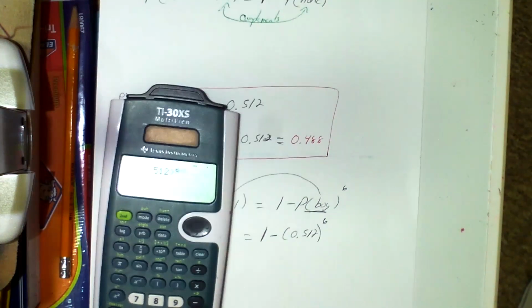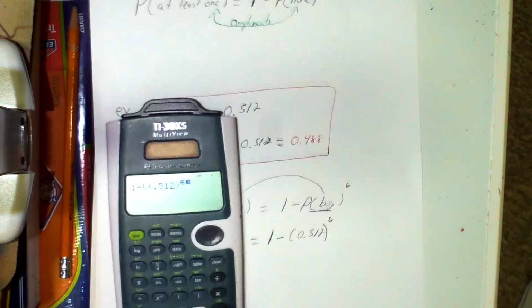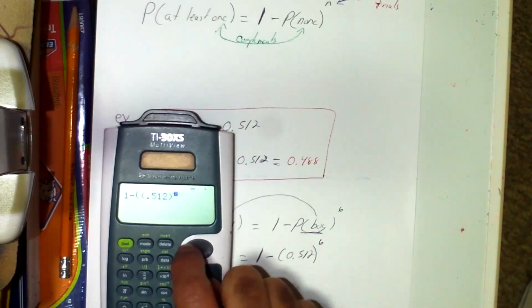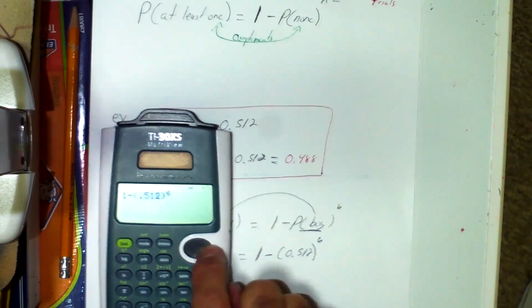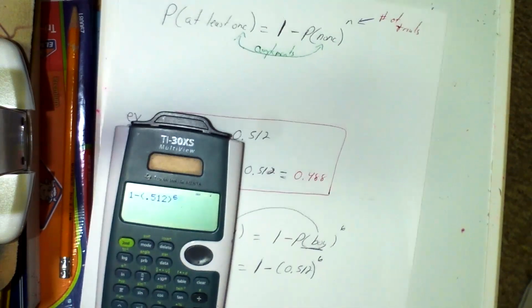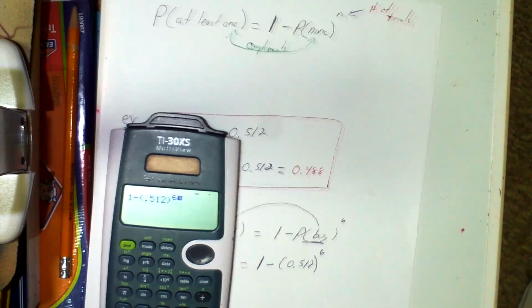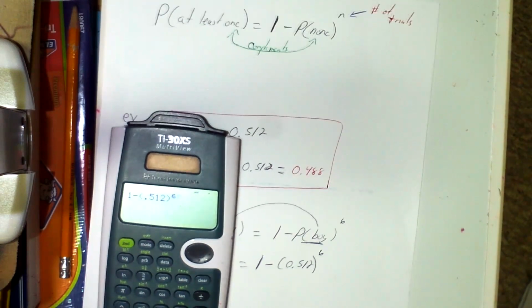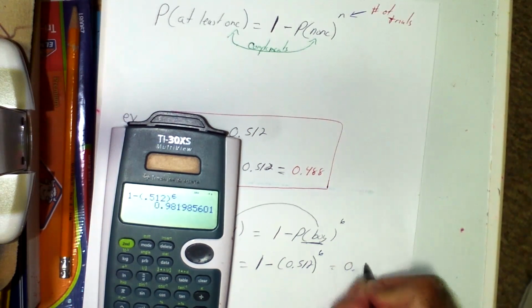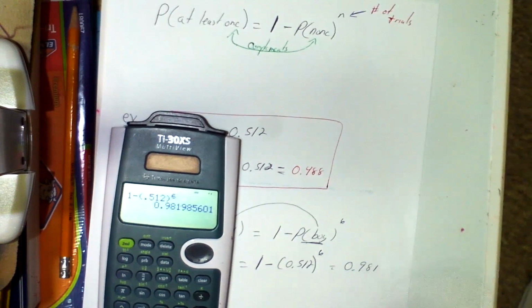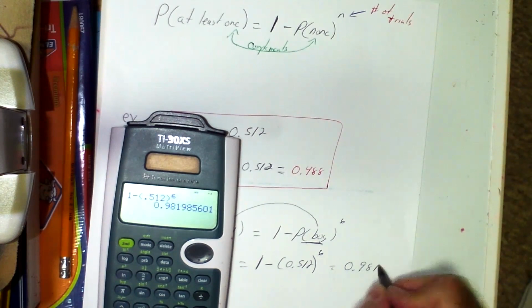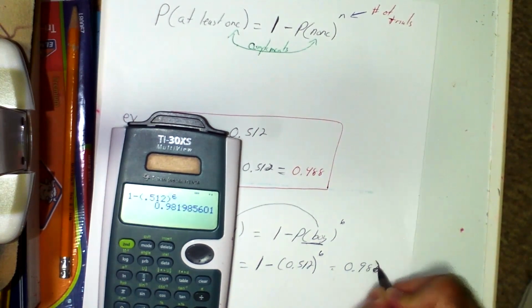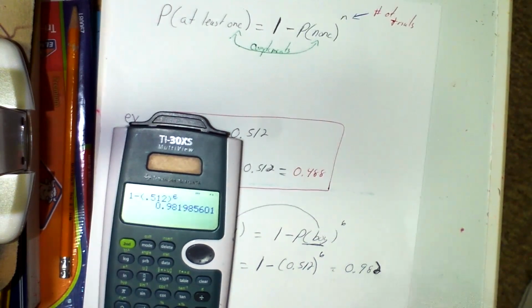I think I have too many parentheses. I need to take one out. There we go. 1 minus 0.512, raised to 6. Hit enter. Round it to 3. Answer: 0.982.